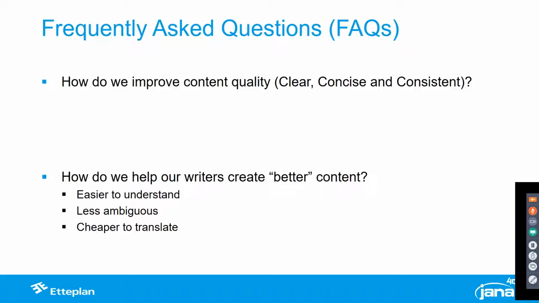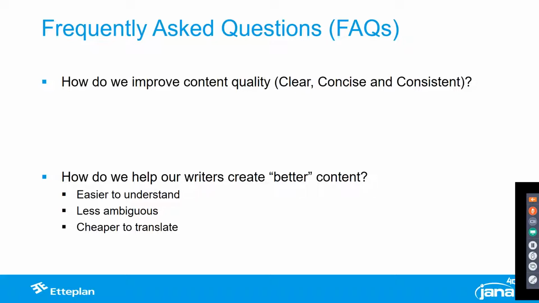One of the things that I've noticed in conferences and forums and roundtables and discussions that we have with managers is there's a fairly consistent voice of how do I improve the quality of the content that we create. And in quality, we're looking at how clear is it, how concise is it, how consistent is it.